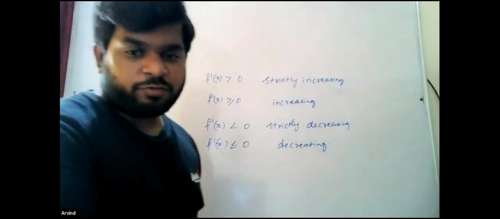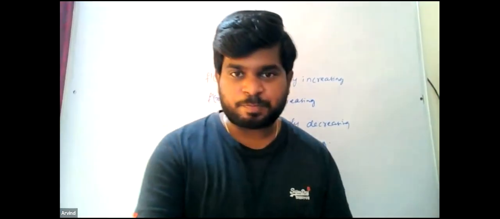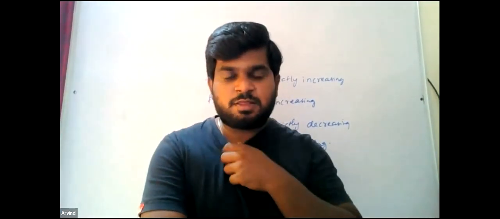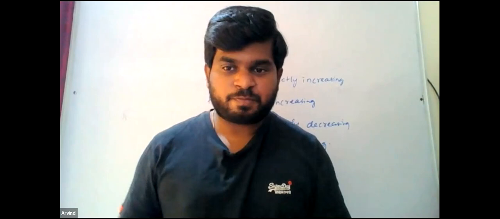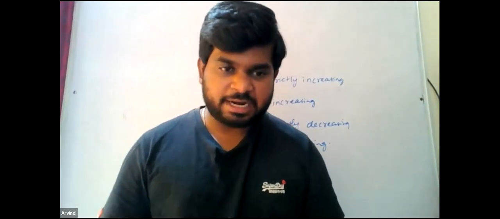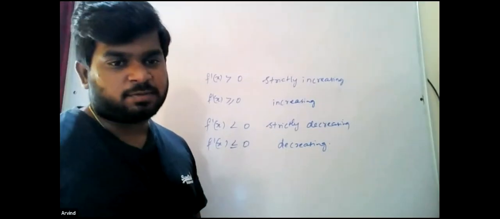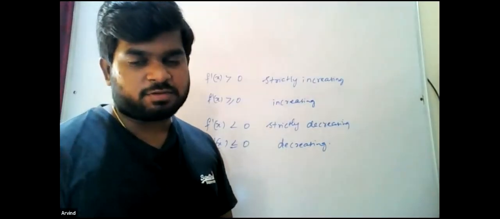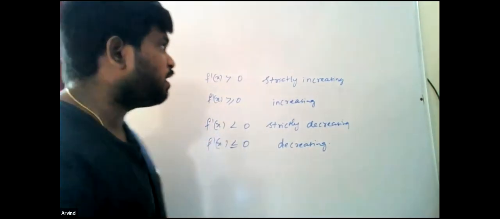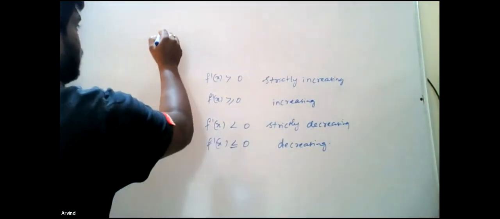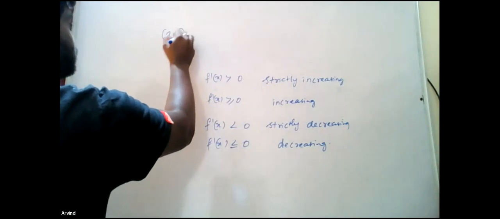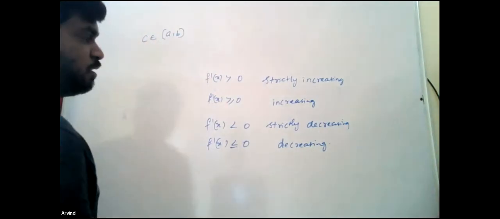Then how do you find the maximum and the minimum values? If you are asked to find the maximum and the minimum values, the best use is the second derivative test. What do you do in it? When do you say c is the maximum value? On an interval, let's say c belongs to (a, b).